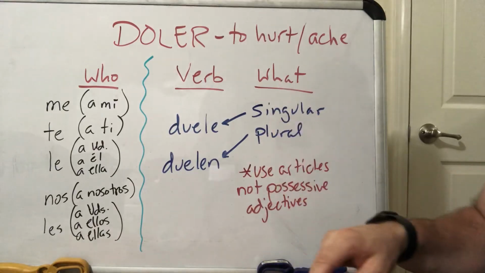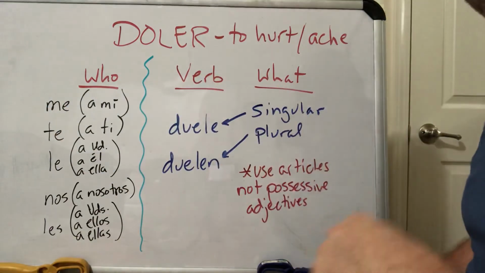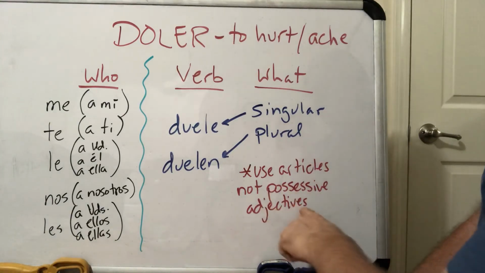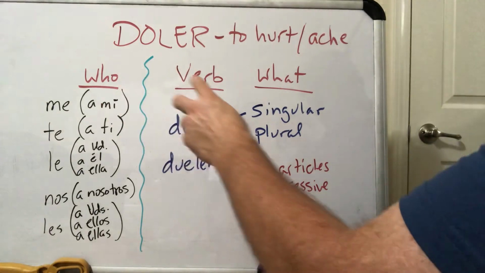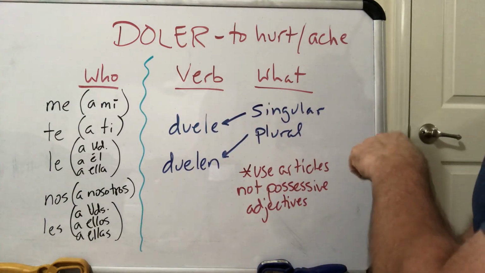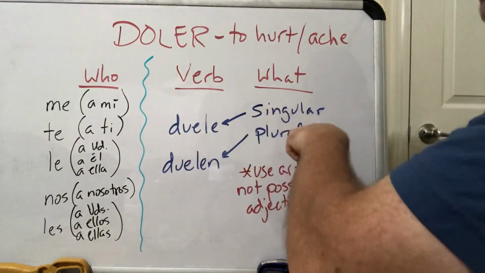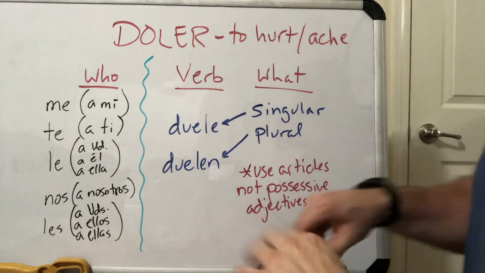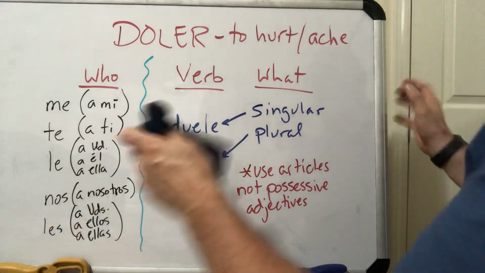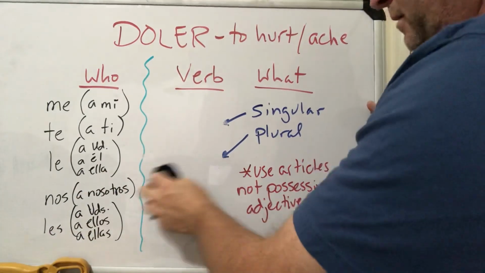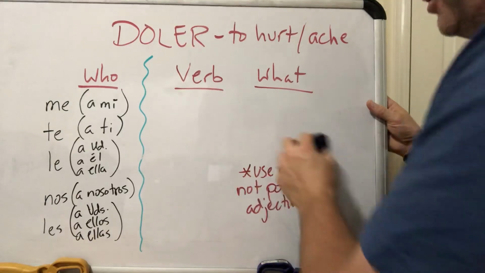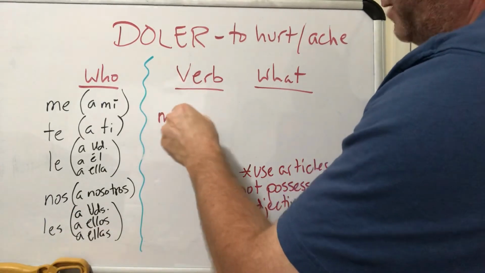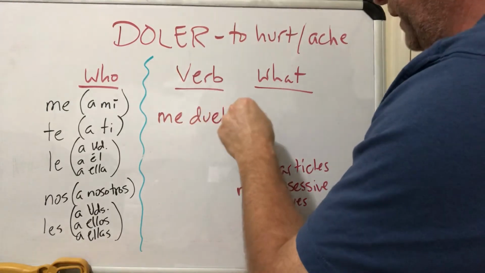In Spanish though, when you put this me in here, it's assumed that you're describing something on your own body. So that's why we don't have to use a possessive adjective. We don't say me duele mi brazo, like my arm is hurting me. It's already assumed because you use the me. So if you say my arm is hurting, me duele el brazo.